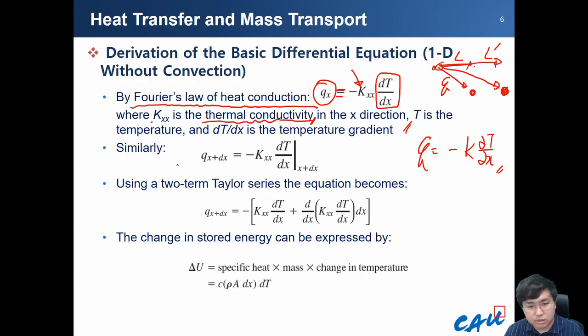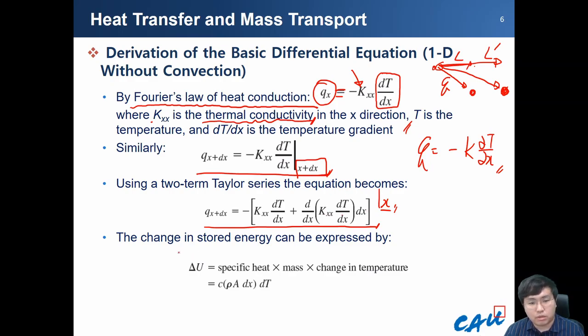Similarly, the outgoing heat conduction can also be proportional to the thermal conductivity and the temperature gradient at the out point. Using the Taylor expansion series method, we can modify this equation to the temperature gradient at position x. This is a first order Taylor expansion, and this is a second order Taylor expansion series.